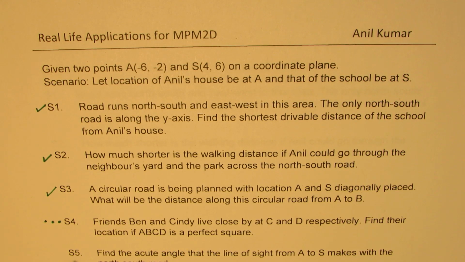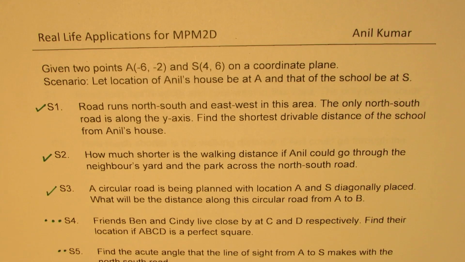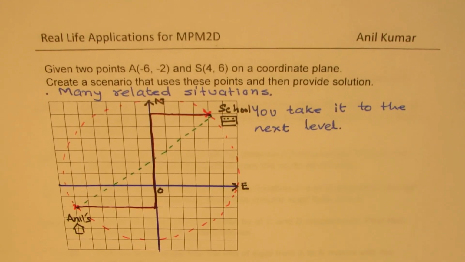And the second is where we are taking trigonometry: find the acute angle the line of sight from A to S makes with the north-south road, right? So the last question here is, I should say, not very difficult. However, it could be at your level of understanding trigonometry, because you're just a beginner, right?